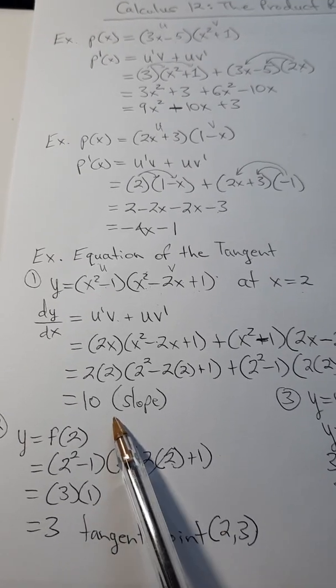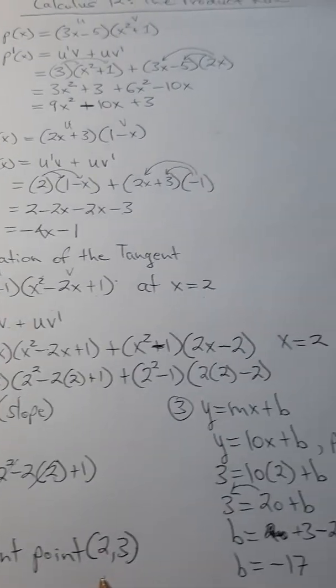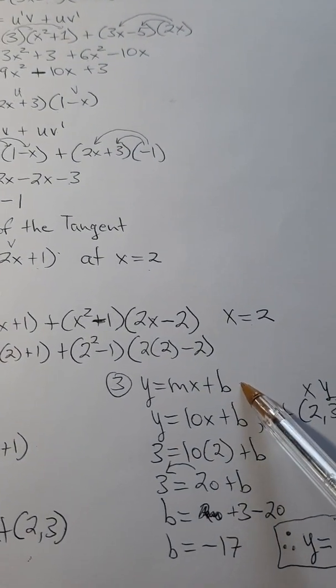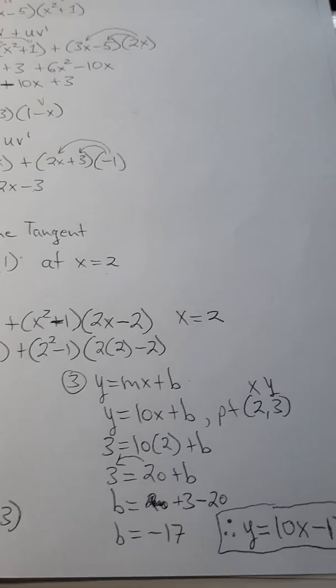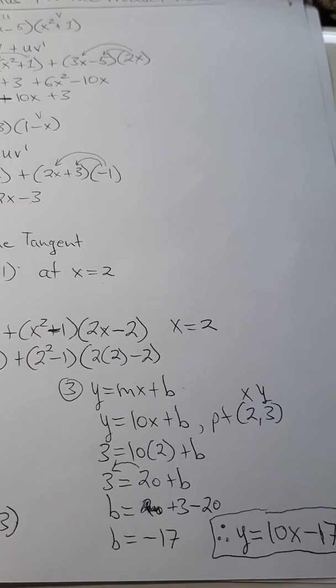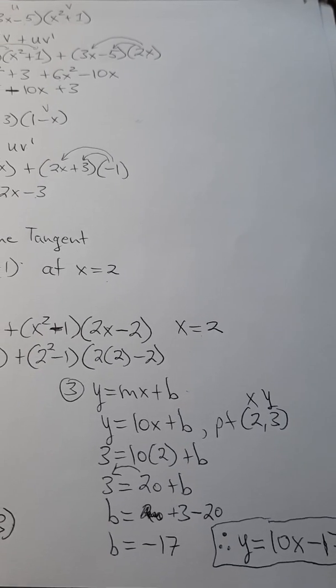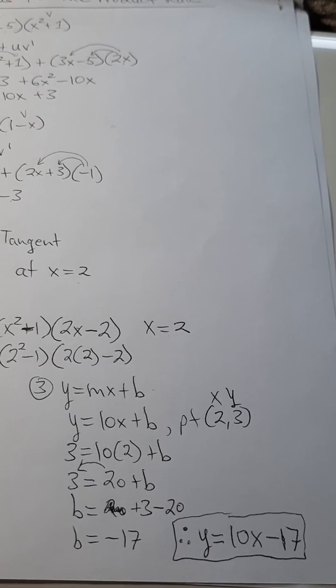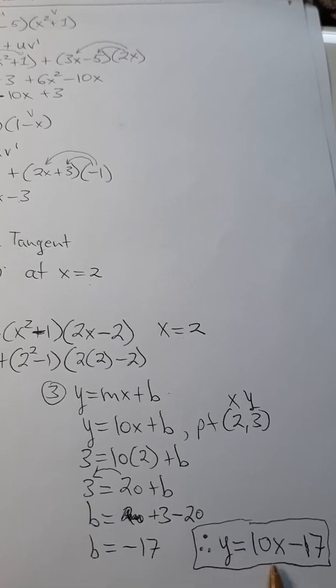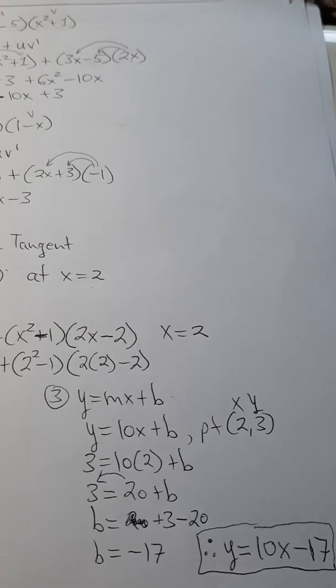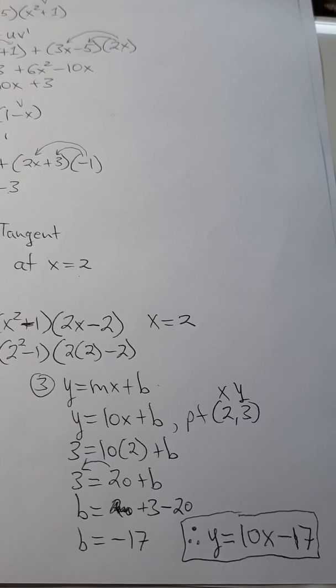Once we have the slope and the tangent point, you can sub it into y equals mx plus b, and that is going to give you the value of b, which is the y-intercept. Once you have the y-intercept, you can obtain your final equation. In this case, we got y equals 10x minus 17.